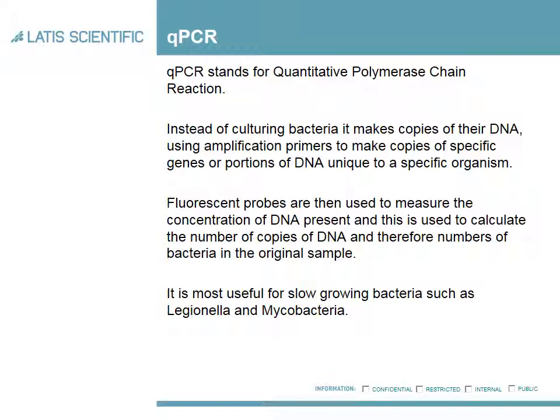And then you use fluorescent probes to measure the concentration of DNA present, and this is used to calculate the number of copies of DNA and therefore the numbers of bacteria in your original sample. And it's most useful for slow-growing bacteria, but in theory could be applied to anything. It allows you to deliver a result in 24 hours. Otherwise, it will take much longer to get a result.